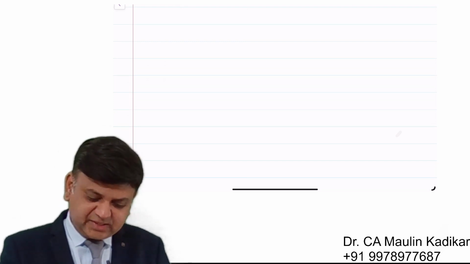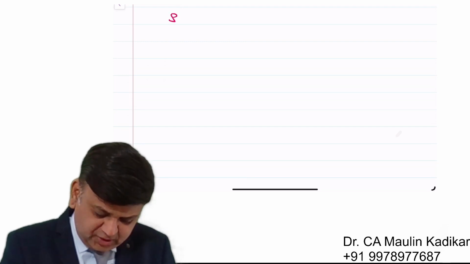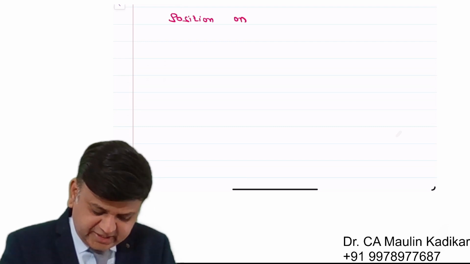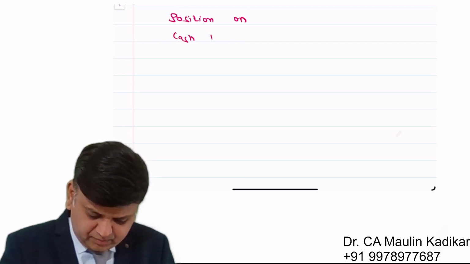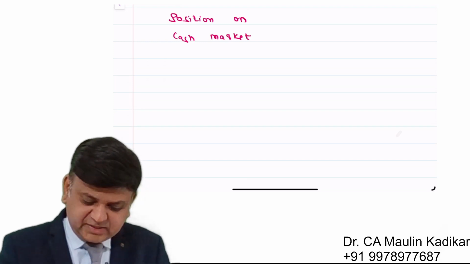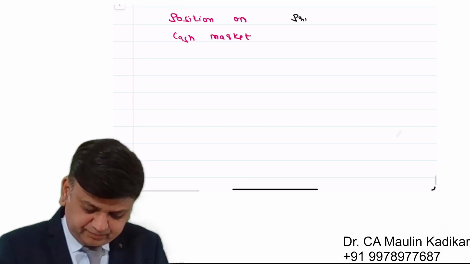So basically we understand it like this: a position on the cash market reflects the price expectation.